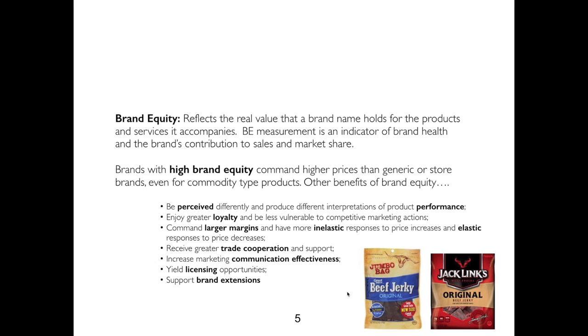So higher brand equity will be able to command higher prices. And it's only because people have a belief that Jack Link's is different, they're unique, performing better, tastes better, that they can command a higher price. And part of that is achieved through messaging, advertising, communicating with consumers.